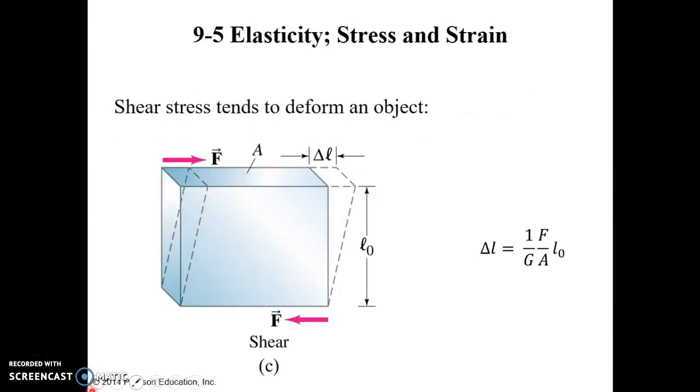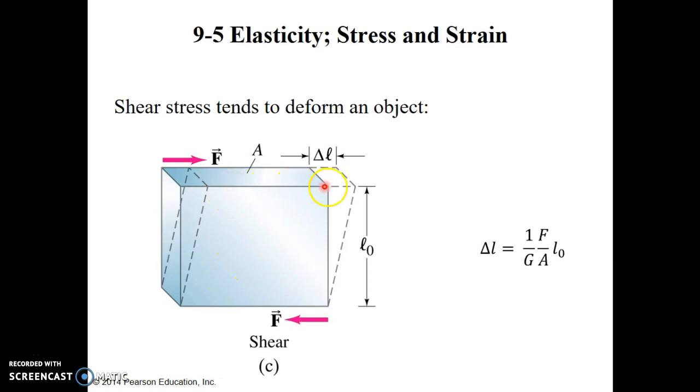Now that was a one-dimensional example. We can look at changing an object's shape in two dimensions. So for example, imagine you have a cube and you shear it. In other words, you push a force on the top in one direction and an opposite force on the bottom.